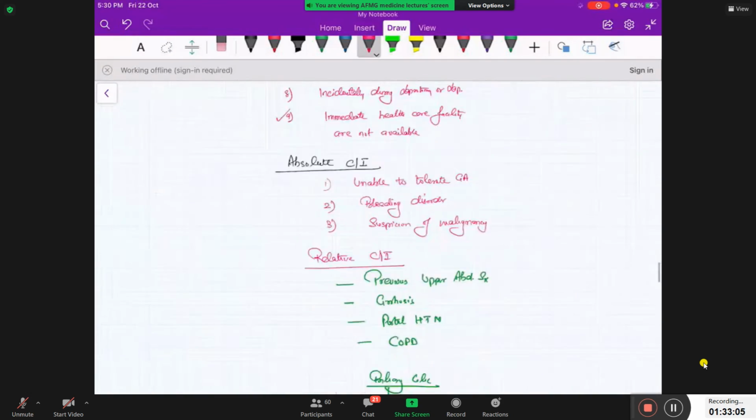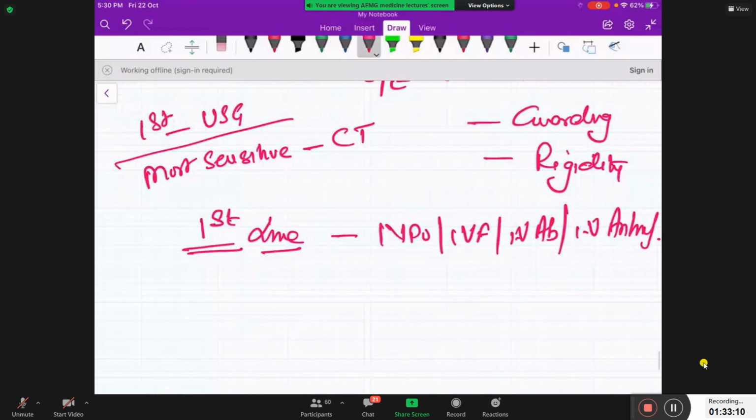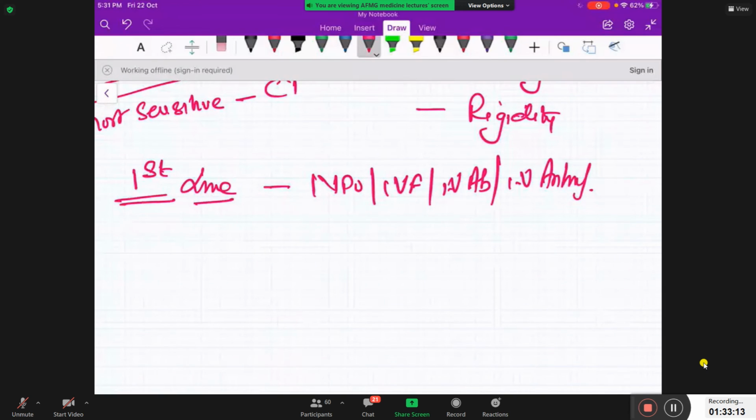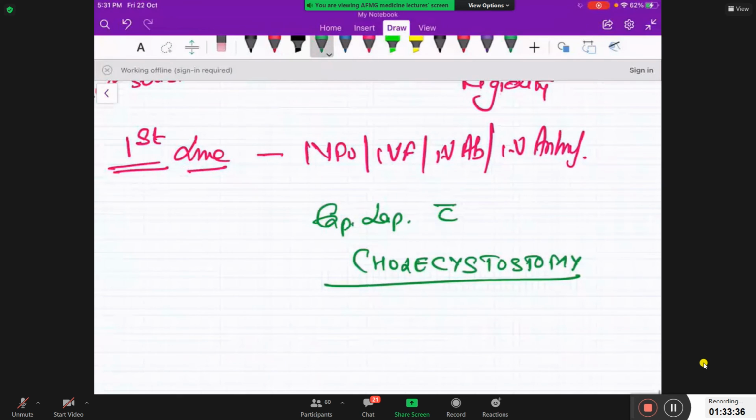Now, how will you manage the treatment of gallbladder perforation? Is exploratory laparotomy, with... we will not do cholecystectomy here. We will do a cholecystostomy, not cholecystectomy.